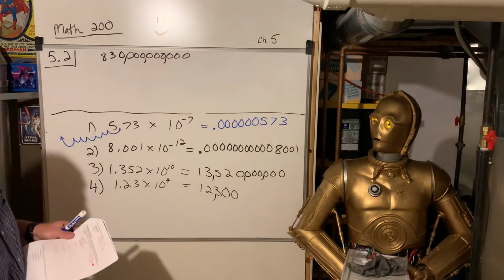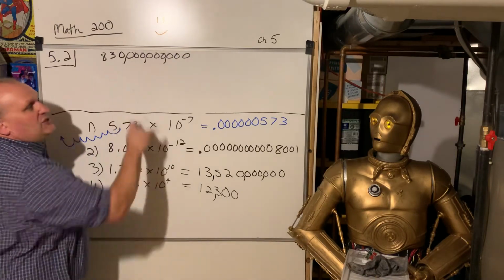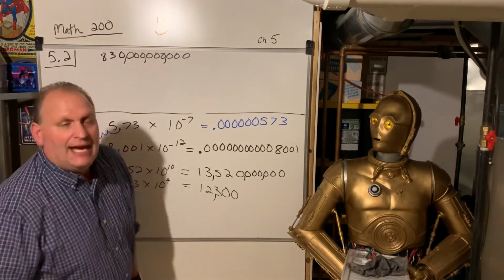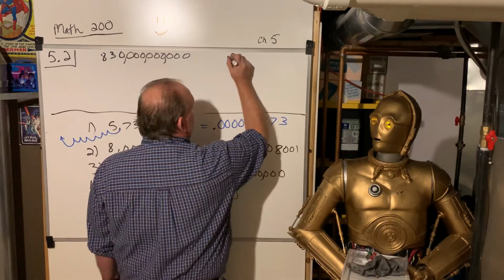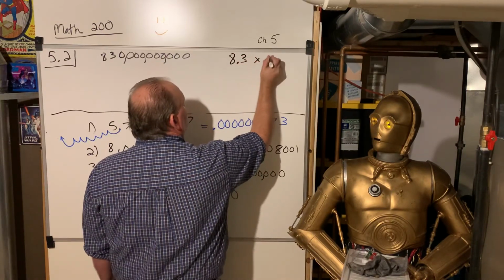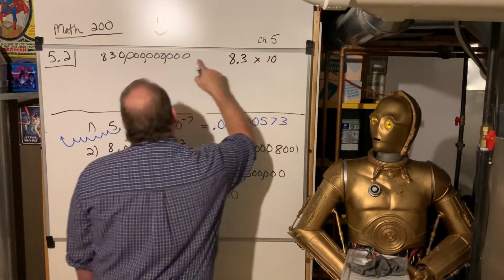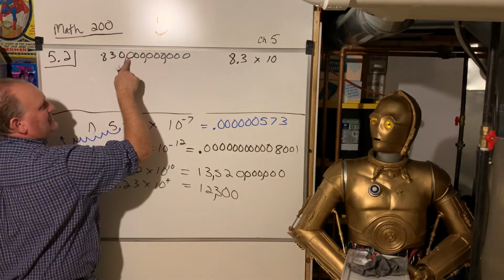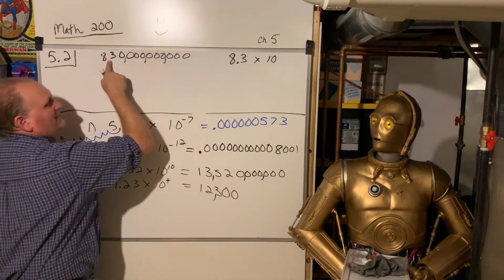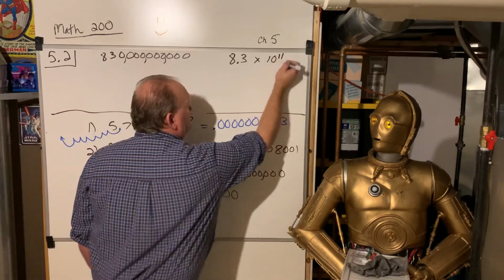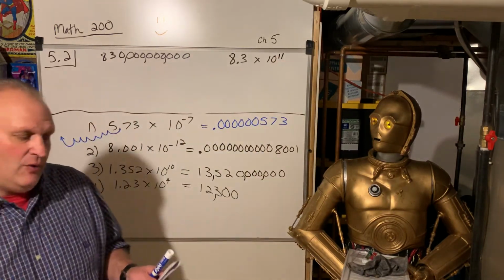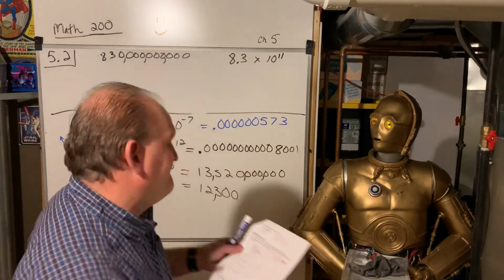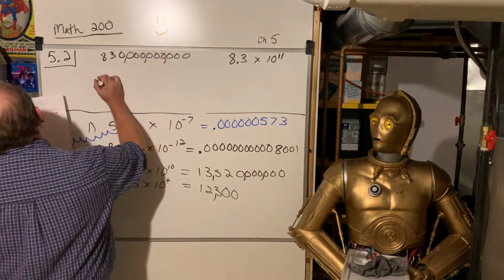Okay, so if I want it to be a number between 1 and 10, I have to put the decimal between the 8 and the 3. So it's got to be 8.3 times 10, and it's going to be a positive number because this is huge. So look, 3, 6, 9, 10, 11 places, to the 11th power.